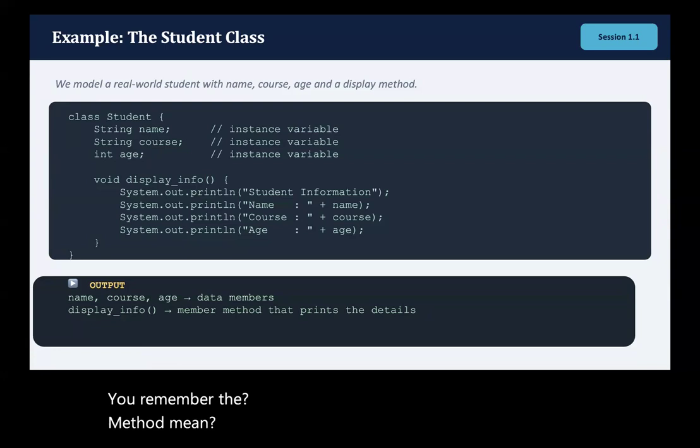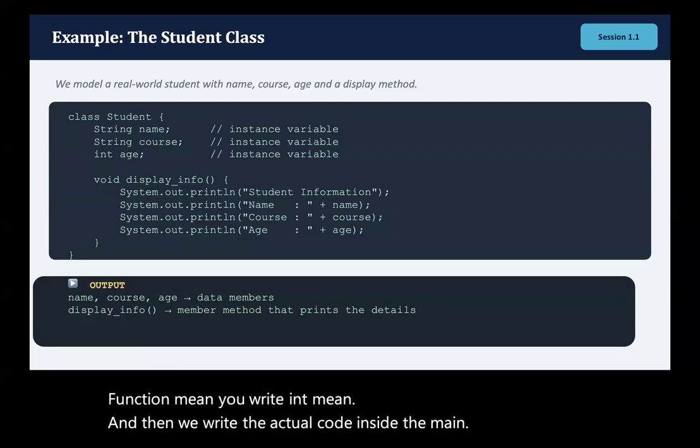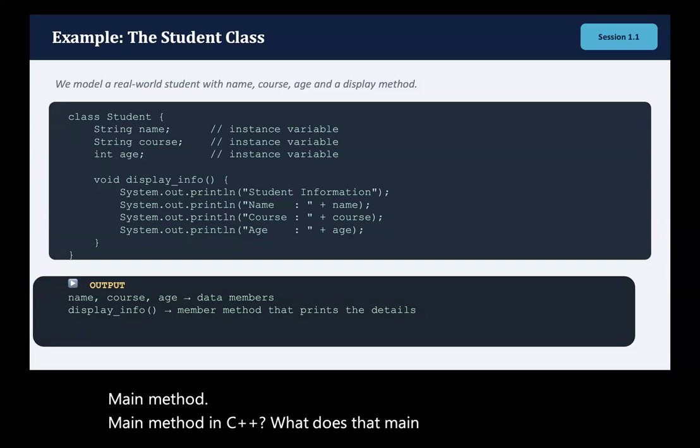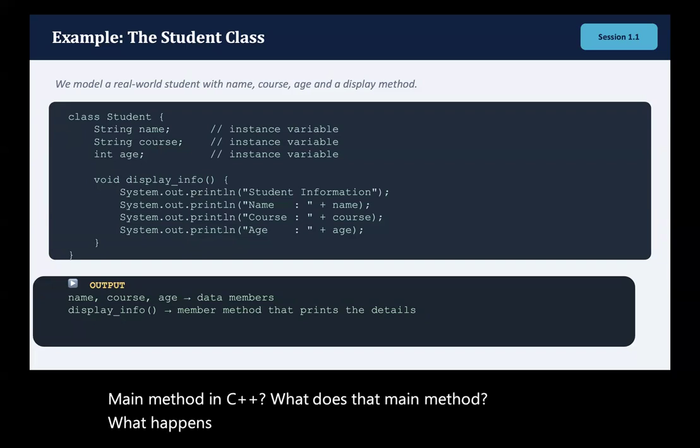You write int main, and then we write the actual code inside main. Yes, the main method. What is that main method in C++? What happens if there is no main method in C++? Any idea?